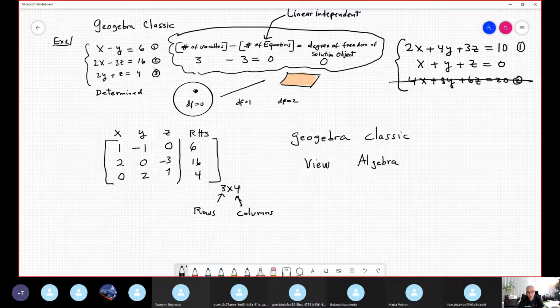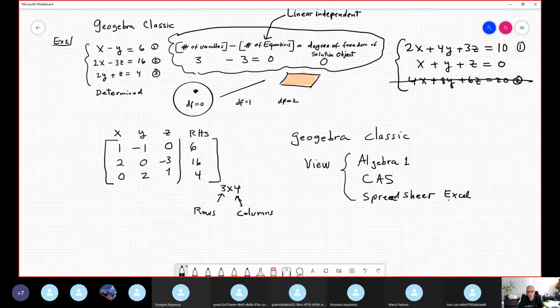You select another view, Computer Algebra System, CAS is the name, and you select another, Spreadsheet. Okay, it looks similar to Excel.